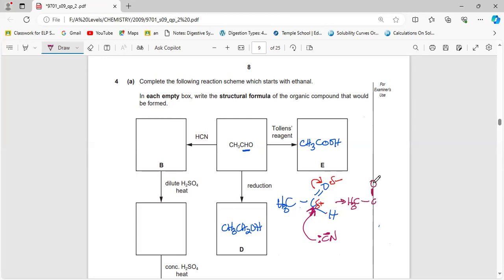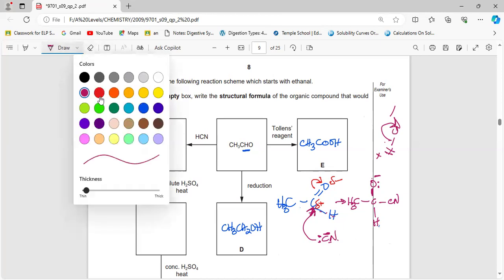So here you will now be having O minus with a lone pair. Then here we have CN. Now you have your hydrogen. This is your CN. So this is going to react with another molecule of HCN. So let me say HCN. This CN is electronegative, so it's going to pull this to become minus, while the hydrogen is going to become positive. So your oxygen that has a lone pair is going to attack the hydrogen.